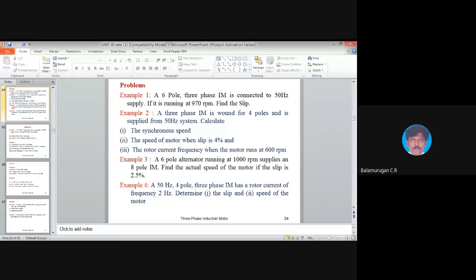We can calculate the slip value. Slip is 4%. Okay.